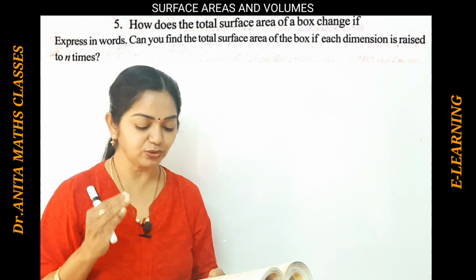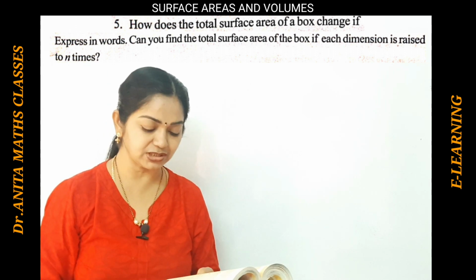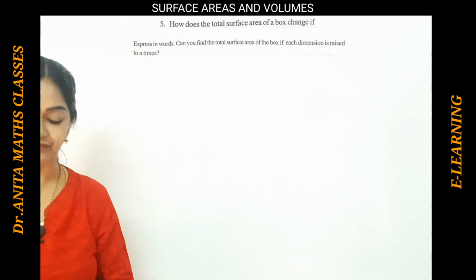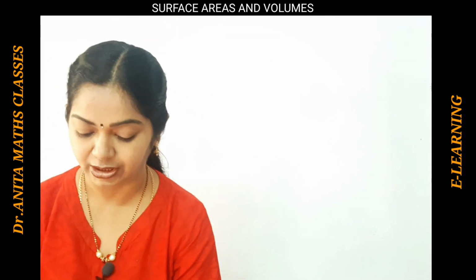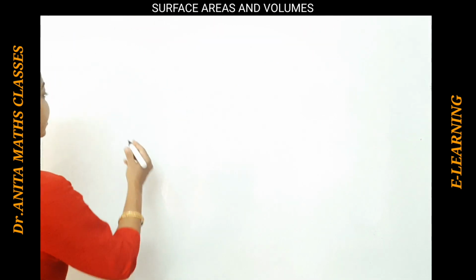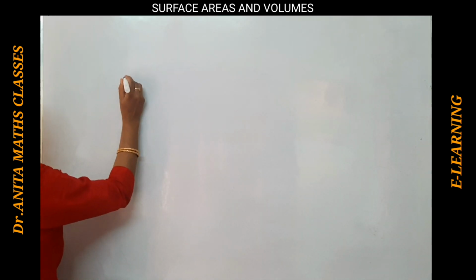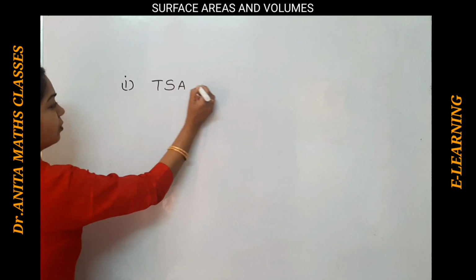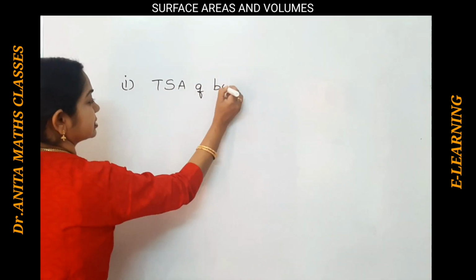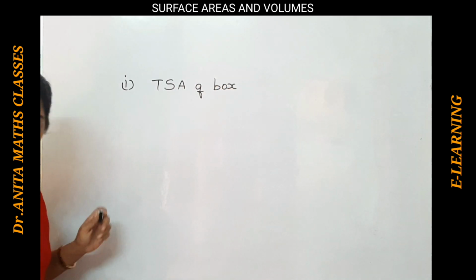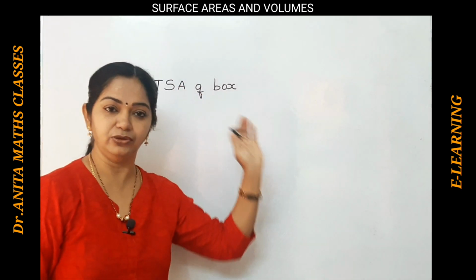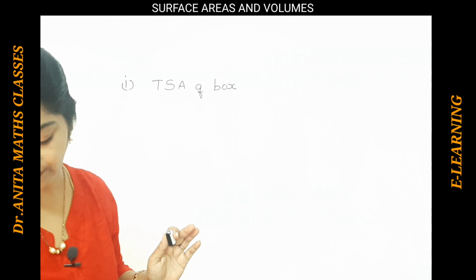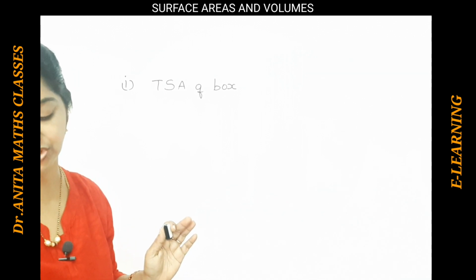Now no dimensions are clearly given, but we are asked how the total surface area of a box changes if each dimension is doubled. Here it is not mentioned whether it is a cube or cuboid.